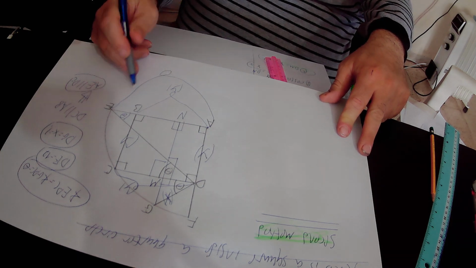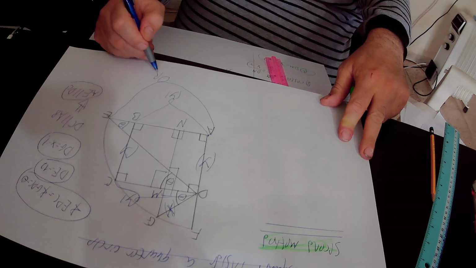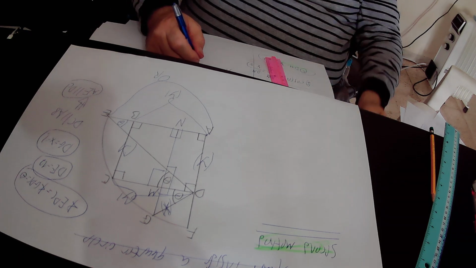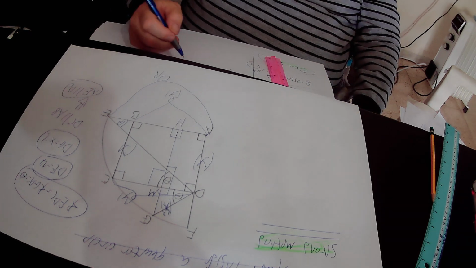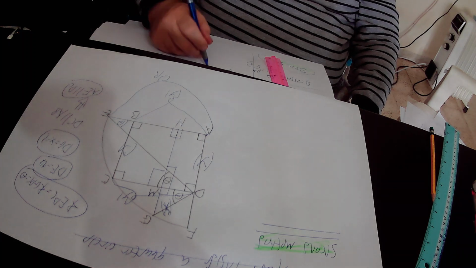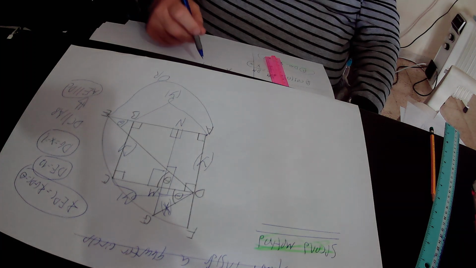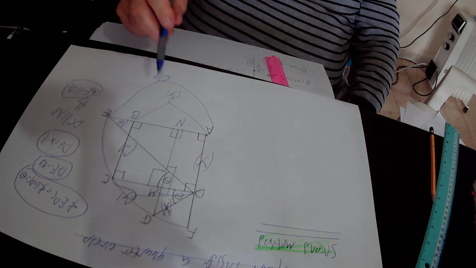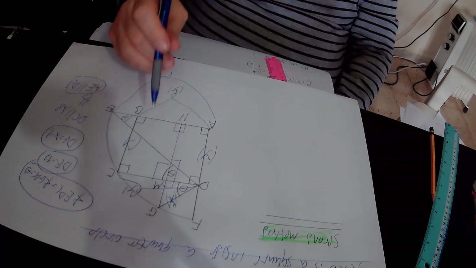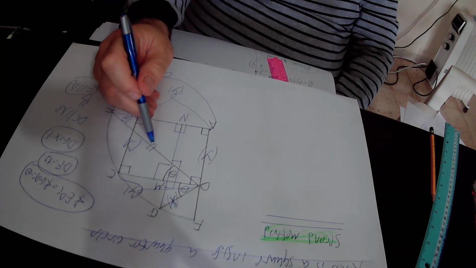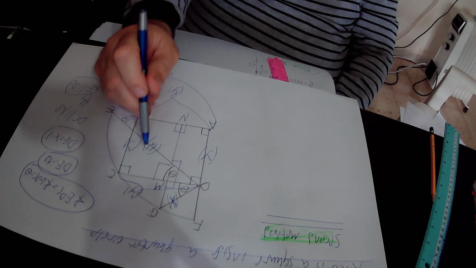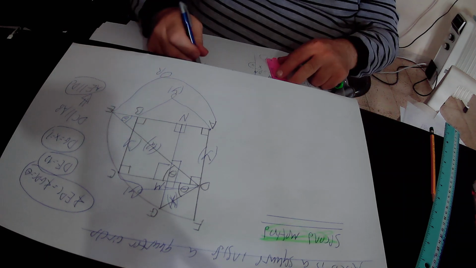We'll define the radius of the quarter circle as R, therefore AE equals R. And DE equals 12 units in length according to what is given in the question.